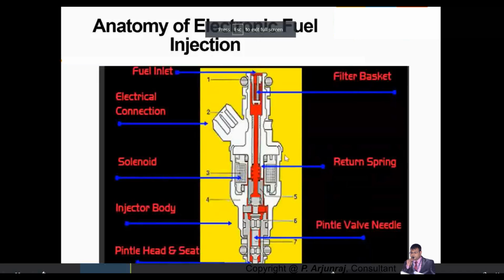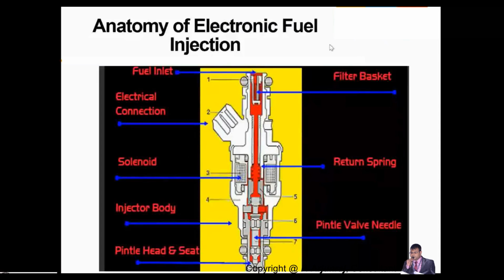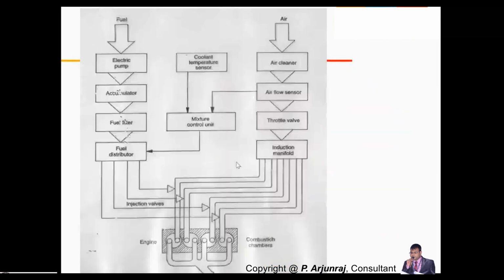Based on the required amount, the fuel gets pumped from the fuel tank into the injector. You also have the pump and filter, and then it goes to the injector.